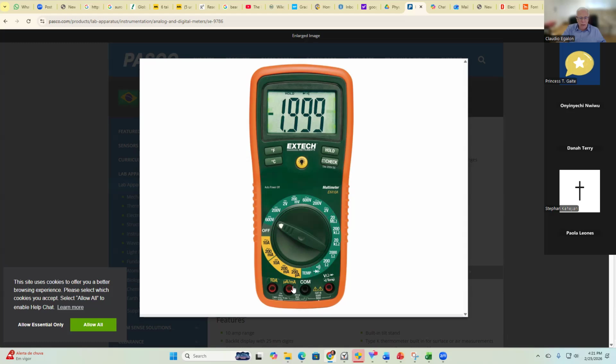Every multimeter has a separate circuit to measure voltage and current. If you want to measure current, you use either one of those terminals. If you want to measure voltage and other quantities, you use this red one right here. Just like mine, right?